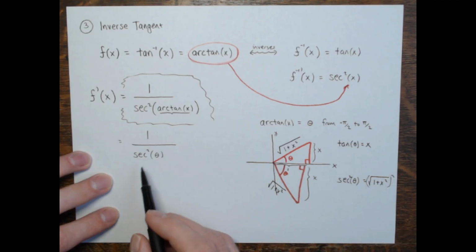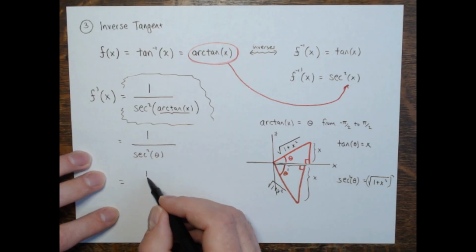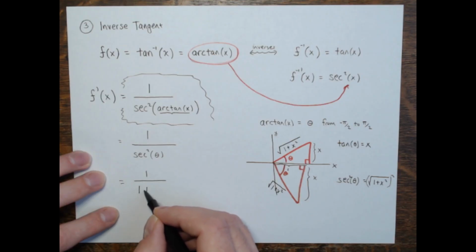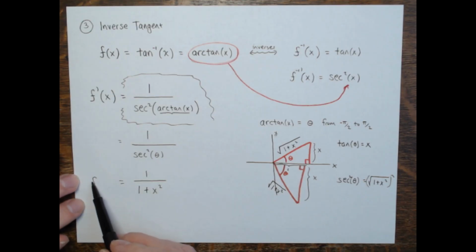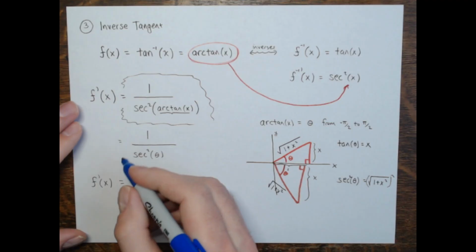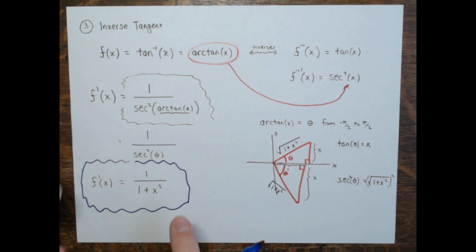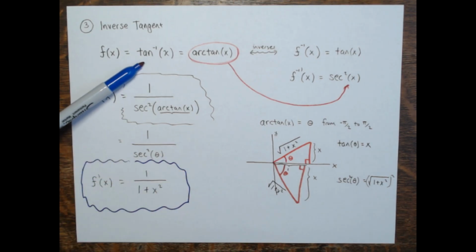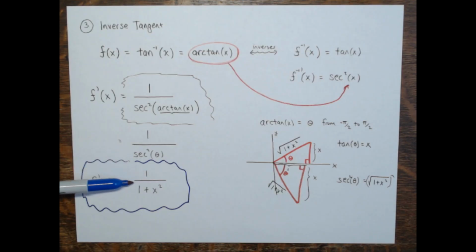So that gets rid of the square root. So secant theta squared is just 1 plus x squared, or x squared plus 1. So here we go. This is our derivative of the inverse tangent function. So the derivative of the inverse tangent of something is 1 divided by 1 plus that thing squared, 1 plus x squared.